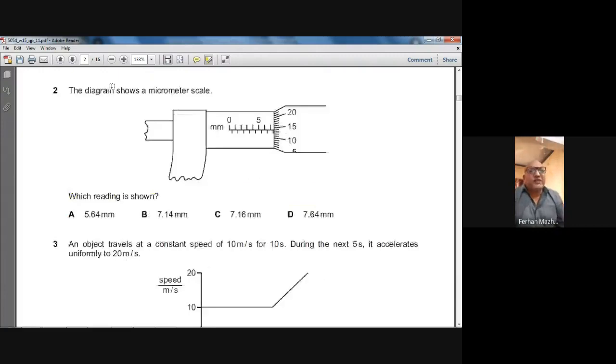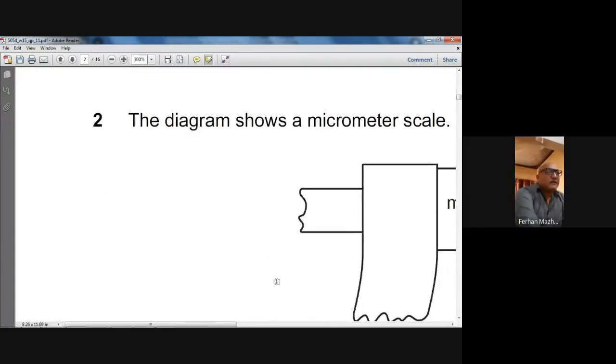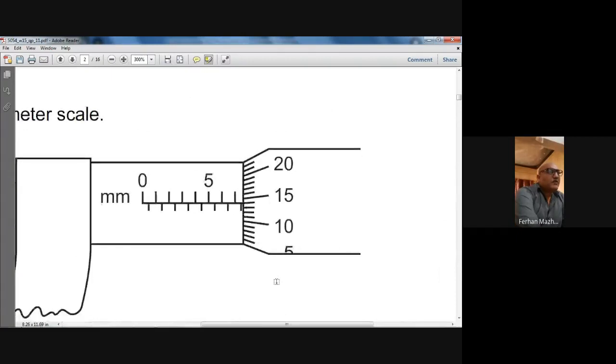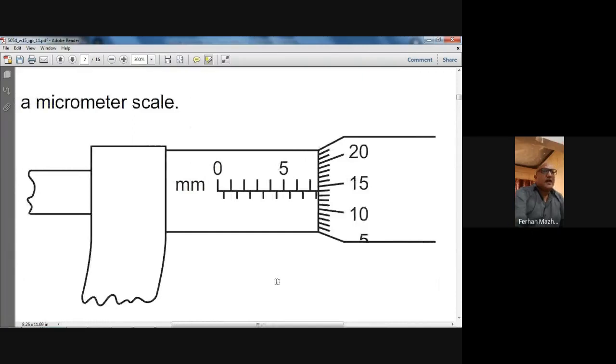Okay, on your screen we have the next question. It says the diagram shows a micrometer scale. Which reading is shown? Let me increase the size so you can see it more clearly. First of all, we will check what the reading is on this horizontal scale.